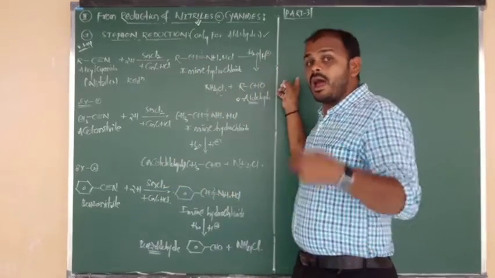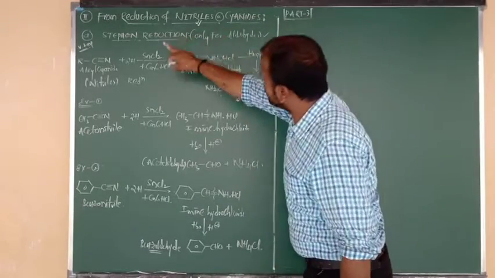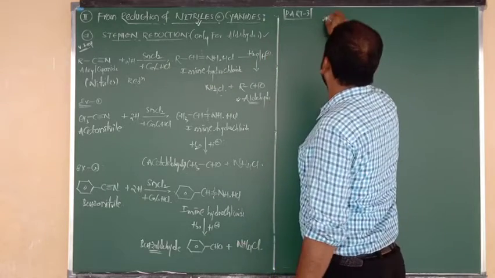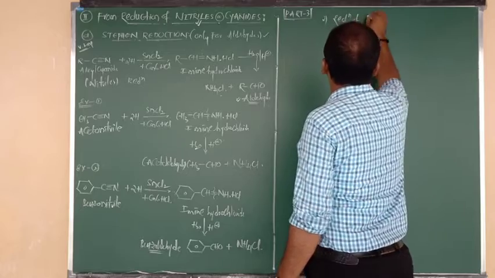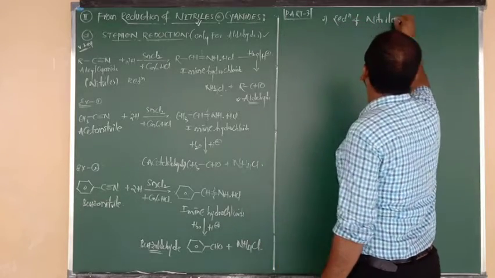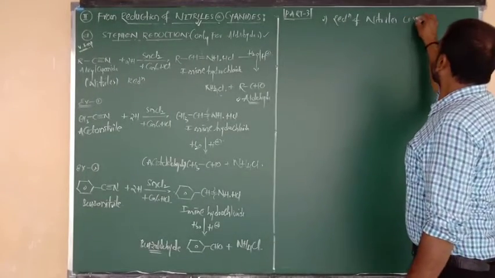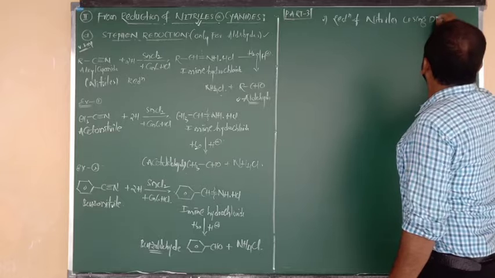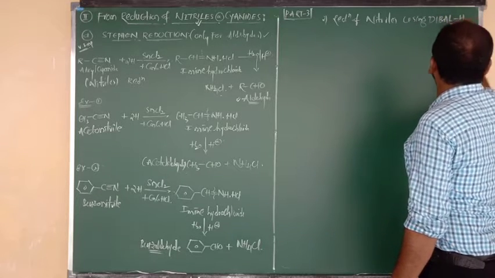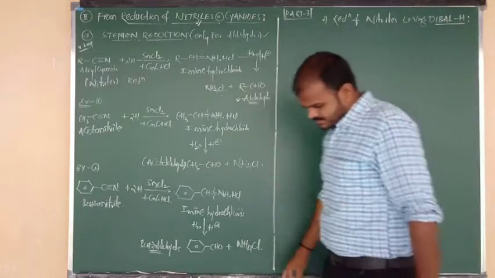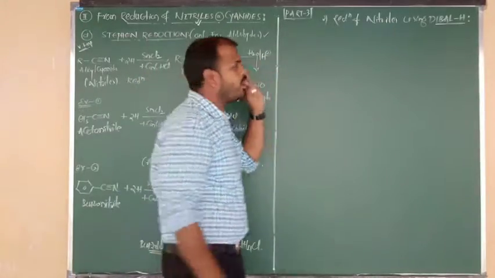In another method, I am going to use the DIBAL-H reagent. So Roman number 2, the first method was over, and now the second method: reduction of nitriles or cyanides using DIBAL-H, which is very important.